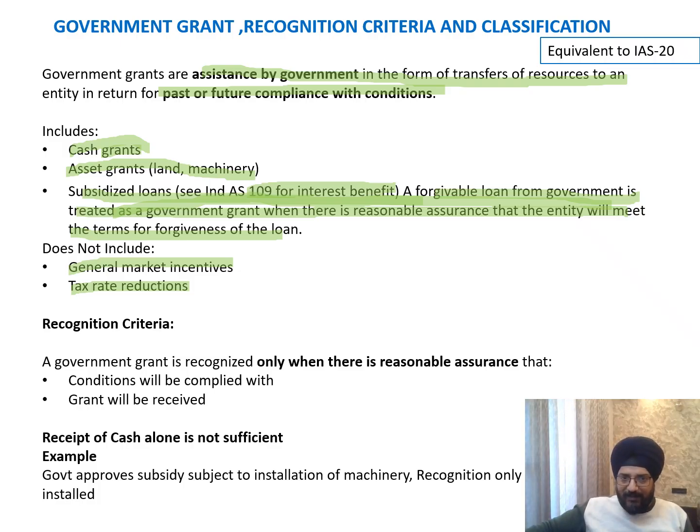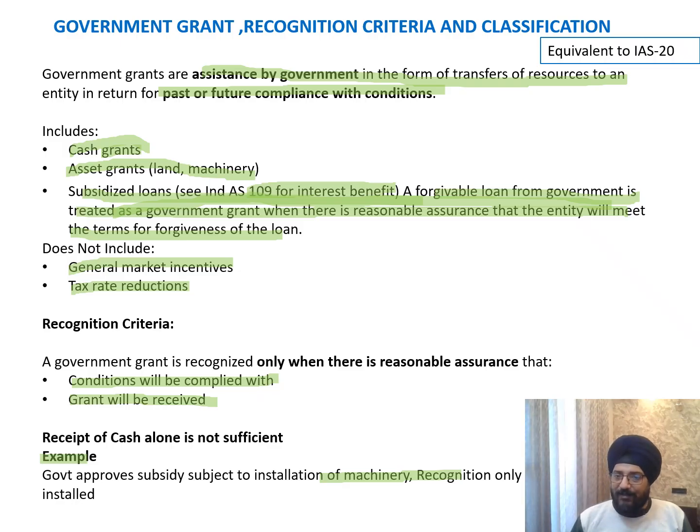Recognition criteria: a government grant is recognized only when there is reasonable assurance that the conditions will be complied with and the grant will be received. If these two conditions are met, only then do we recognize the government grant in our books of account. So receipt of cash alone is not sufficient. For example, if government approves a subsidy subject to installation of machinery, recognition will only happen once that machinery is installed.